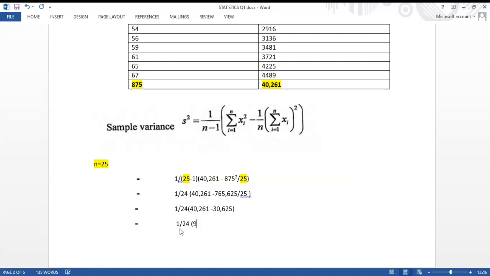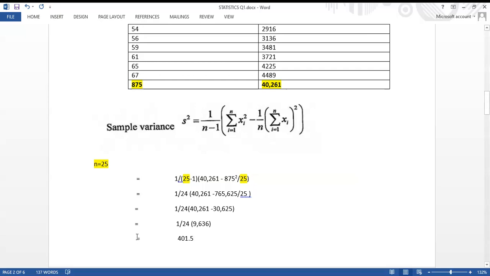9,636. Is that correct? 9,636. Yes. Divide it by 24. 401.5.